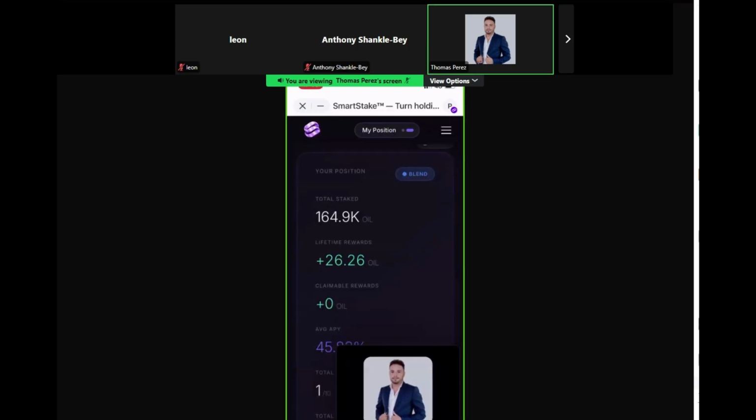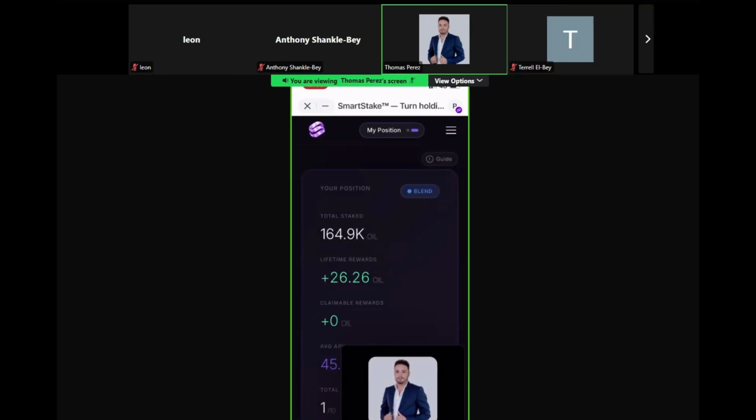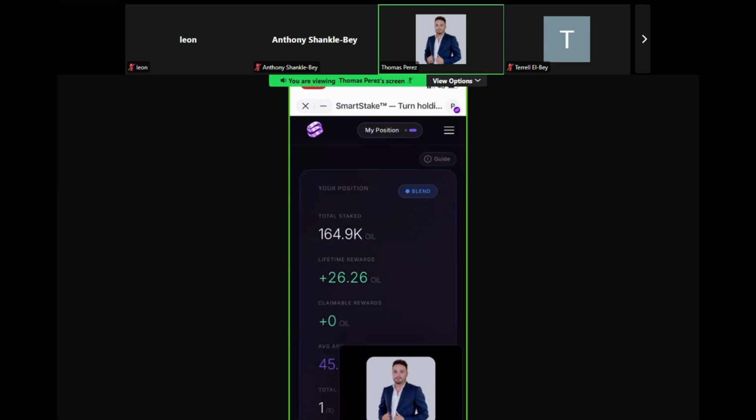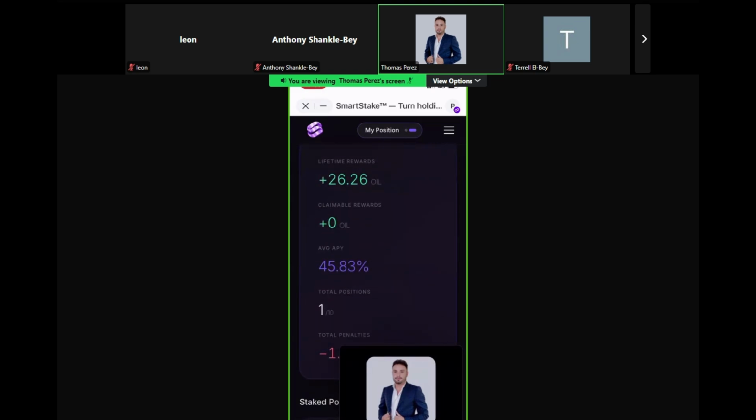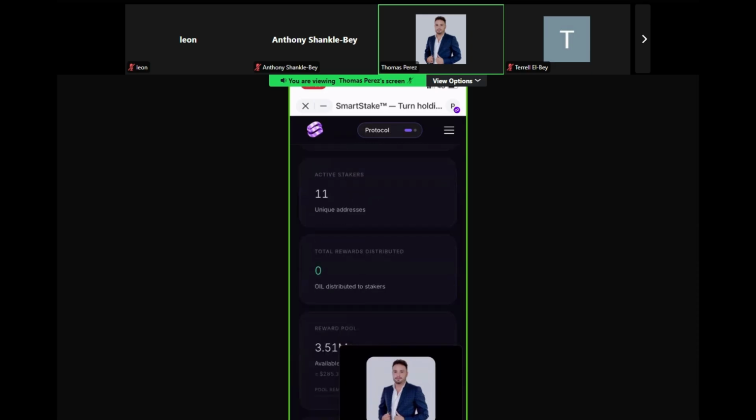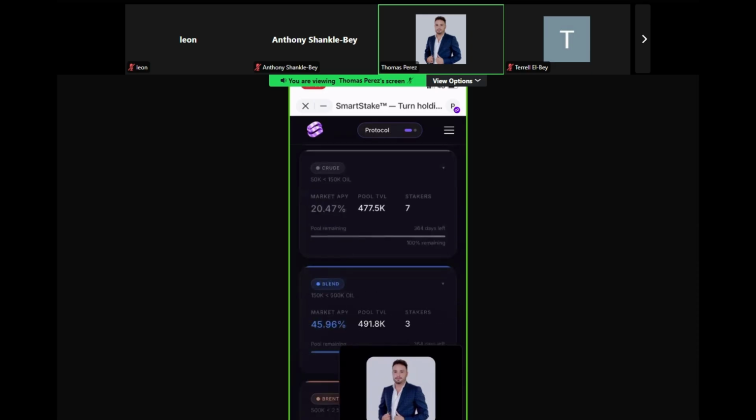So let me show you here how it works. As you can see, that position staked 164.9 oil. You can see the APY is 45%, right? And if we go into the protocol, that one was on the second protocol, yes. This one.